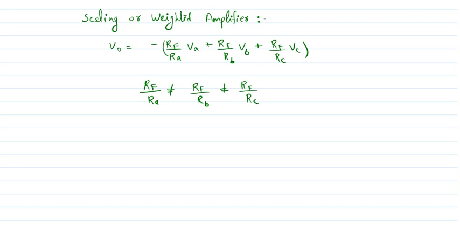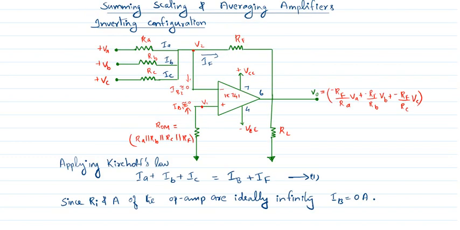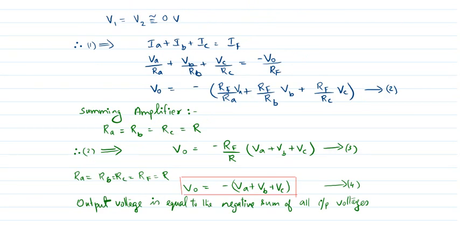Now we will discuss the averaging circuit. In the case of the averaging amplifier, we can find that here also the values of RA, RB, RC will be equal to R, and we can write the general equation as V0 equal to minus RF by R (VA plus VB plus VC).